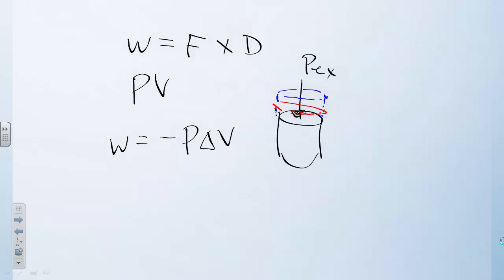Here we're assuming a constant external pressure opposing the expansion, and we're only talking about PV work, not any kind of mechanical work or other things that could come into play.